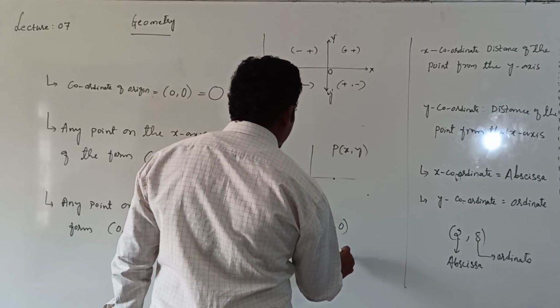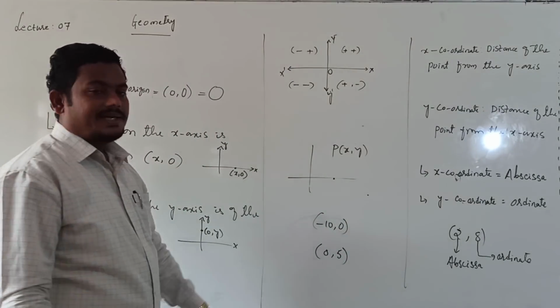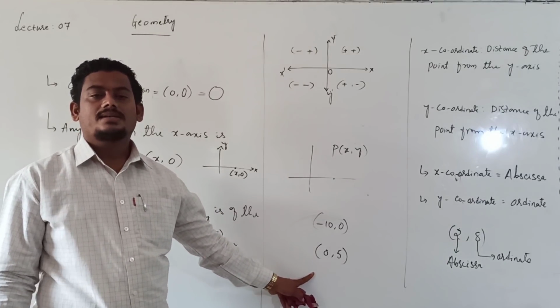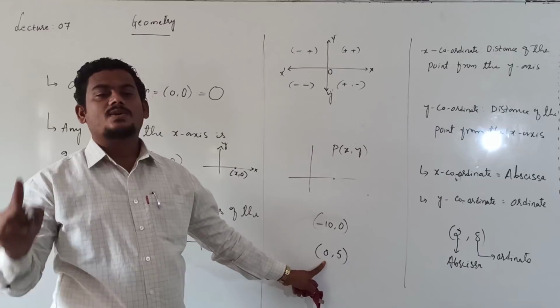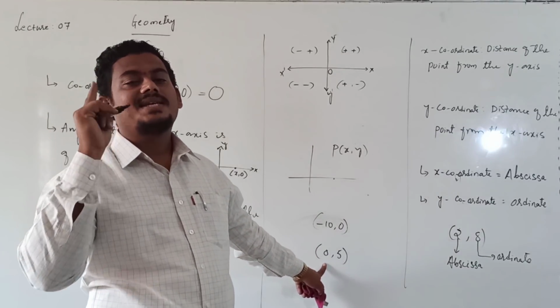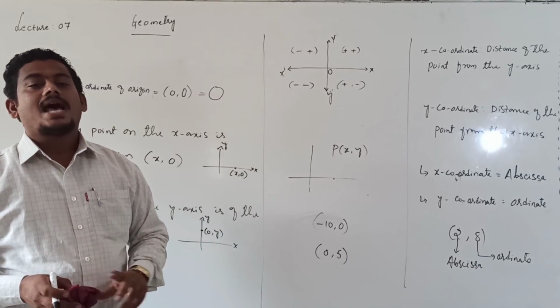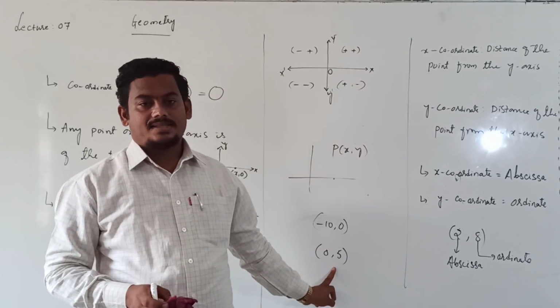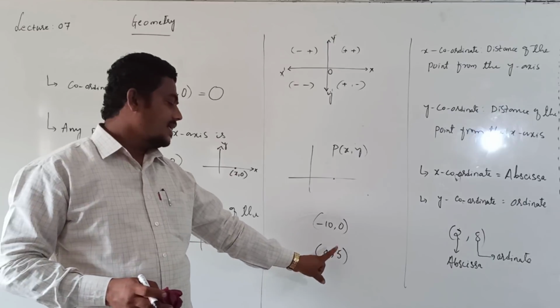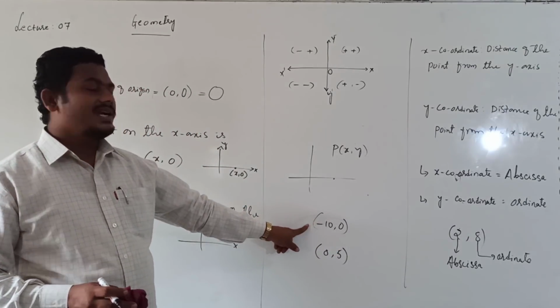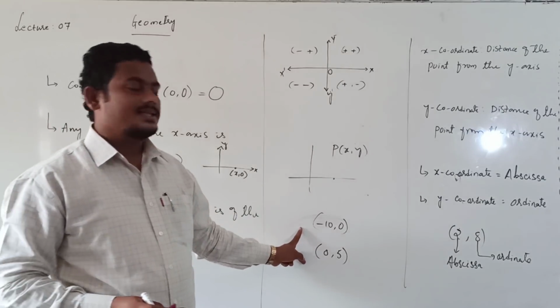Suppose the point is 0 comma plus 5. Is this point on the x-axis or y-axis? X coordinate 0 means clearly it is on the y-axis, and in particular on the positive y-axis. The earlier point lies on the negative x-axis.